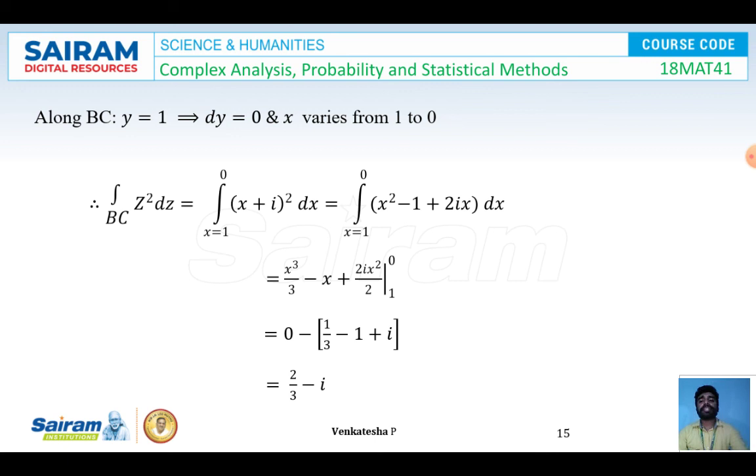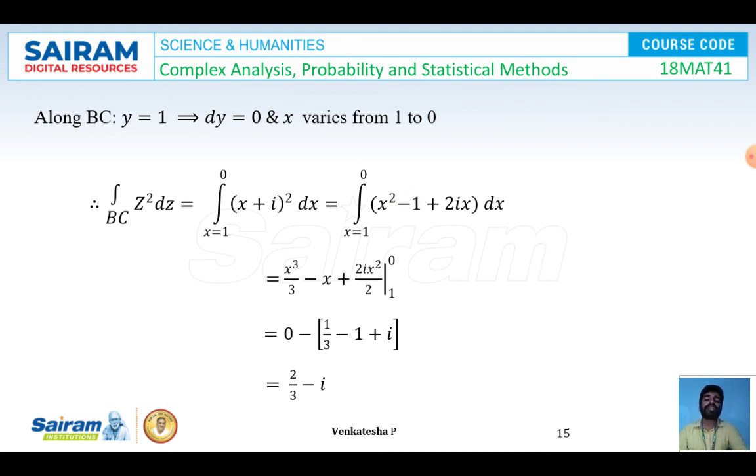Now in the region BC, we have y is equal to 1. It implies dy is equal to 0. Since dy is 0, we have to find only the x limit. So in this region, x varies from 1 to 0. So the integral over BC z square dz will become the integral x from 1 to 0, (x plus i) whole square dx. Expanding this, we got (x square minus 1 plus 2ix) dx, because i square is equal to minus 1.